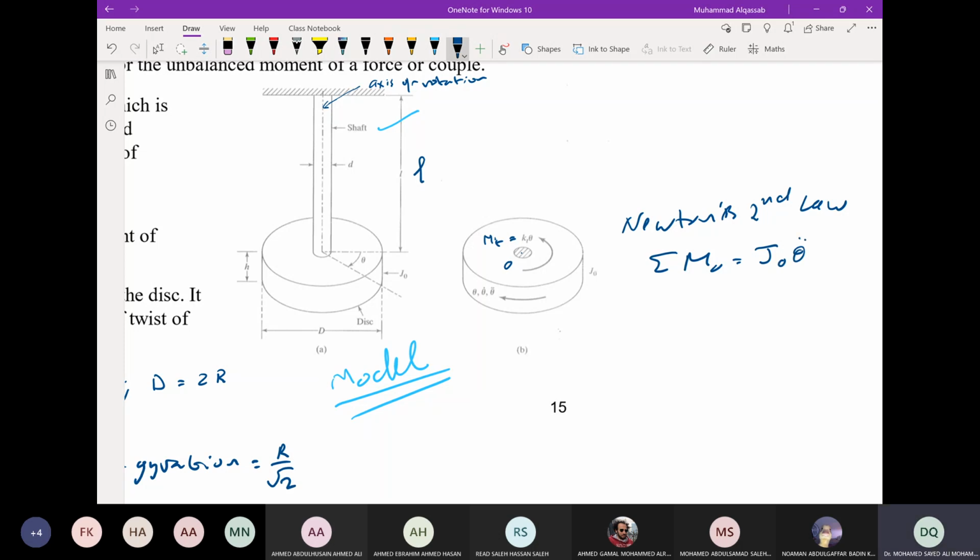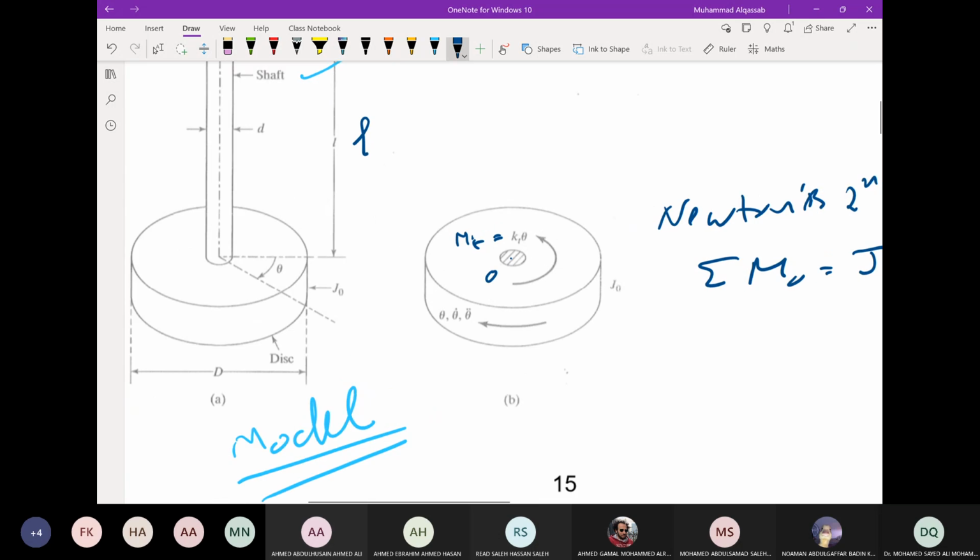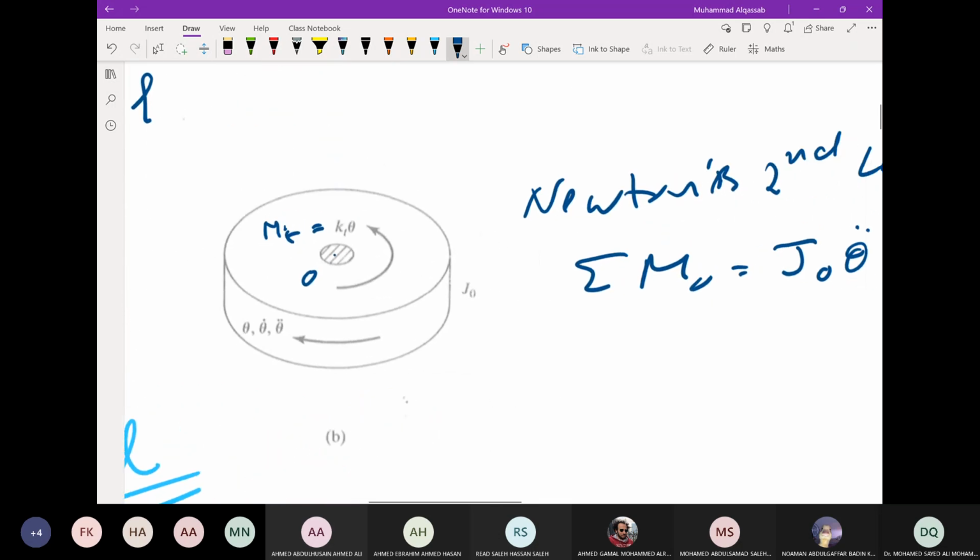And the moments we have on the left-hand side of this equation, we sum all the moments. We have only the restoring moment of the shaft, which is minus Kt theta, minus because the direction of theta, as you can see if you look from the top, is clockwise. Theta is clockwise, and the shaft is going to provide a restoring moment in the opposite direction of theta, which is counterclockwise.